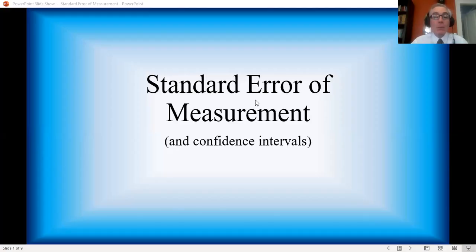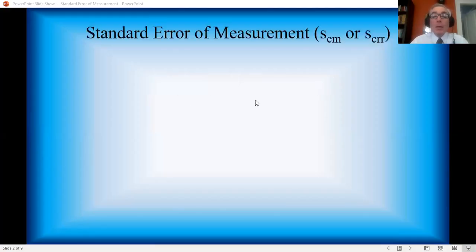And here we go. Lovely blue slideshow. Okay, so the standard error of measurement, usually represented by a lowercase s with a subscript em, sometimes a subscript err, sometimes some other way. Don't worry about which. I'll tend to use sem.